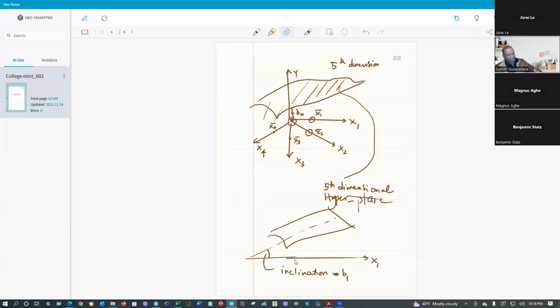That's what we call the inclination or slope. Slope with respect to x1. You know, I use that abbreviation all the time, WRT, with respect to x1.